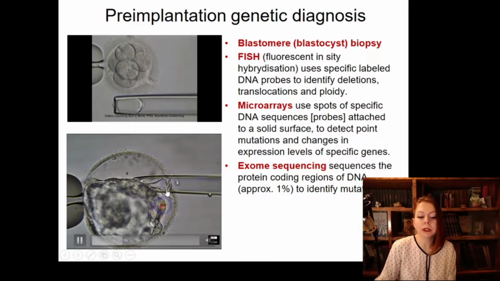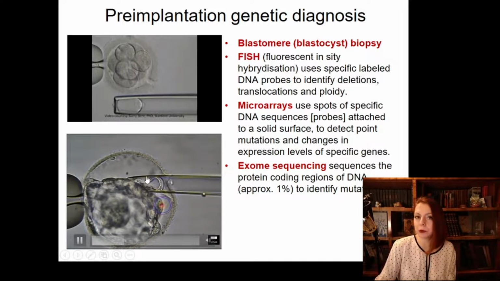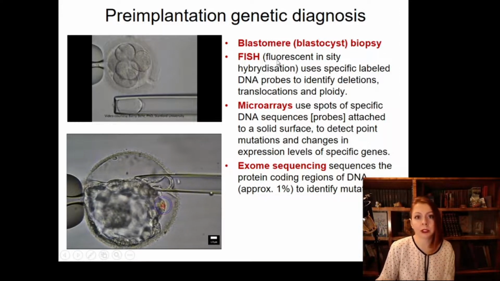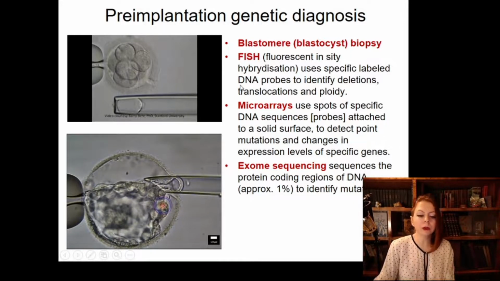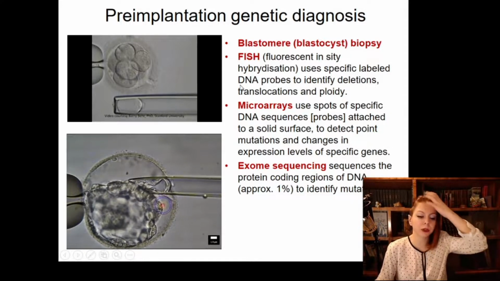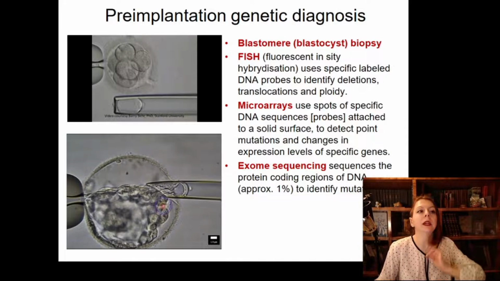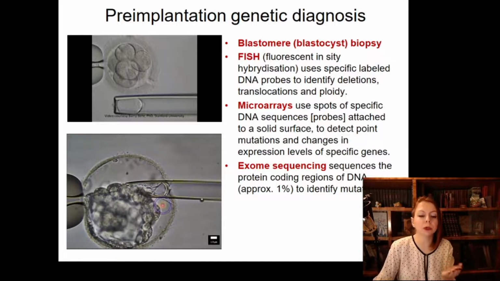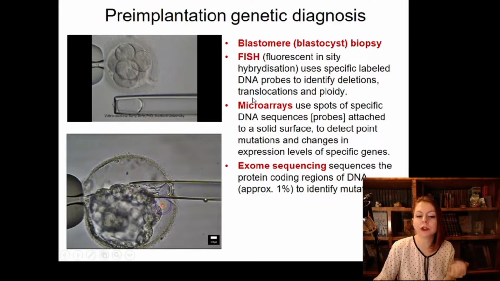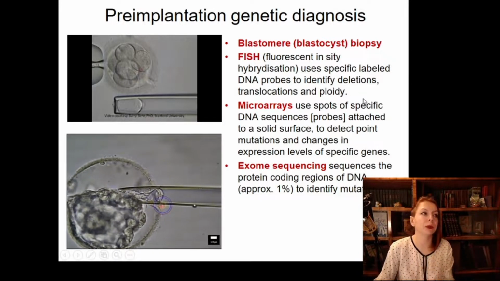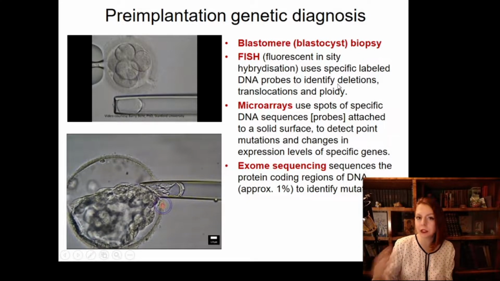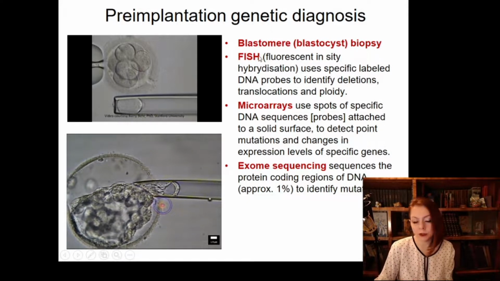So what happens then with those cells? They undergo either fluorescent in situ hybridization. This method we have discussed last time. It uses specific DNA probes, fluorescently labeled, and it helps to reveal different chromosomal abnormalities like deletions, translocations, and ploidy. So in case chromosomal abnormalities are suspected, then this method is used.